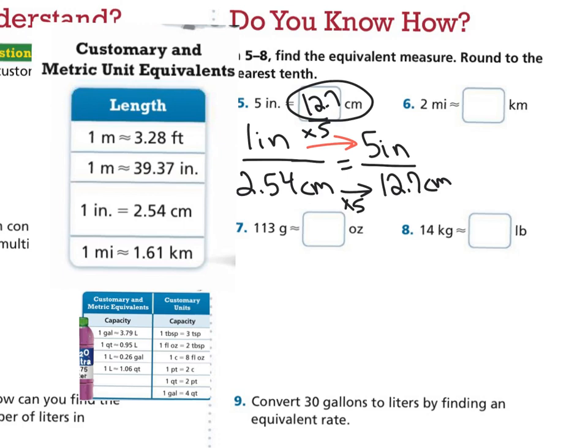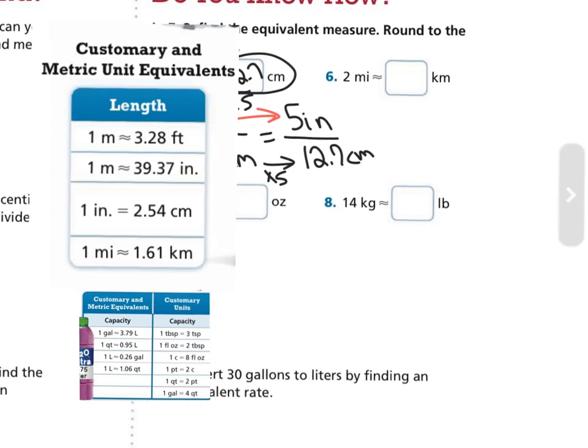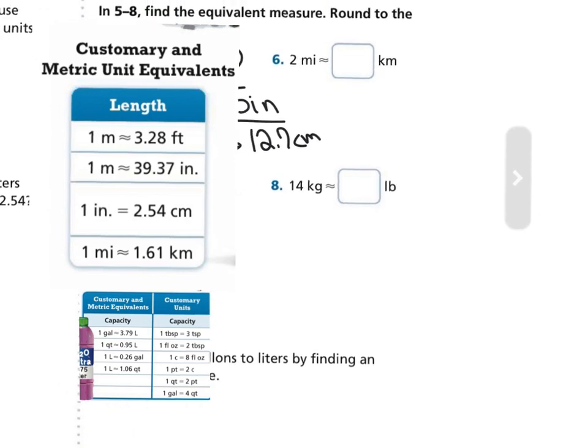Number 6, we've got miles and kilometers. So you can see that's a length again. So right here, 1 mile is about 1.61 kilometers. So if we have that conversion, 1 mile is 1.61 kilometers.